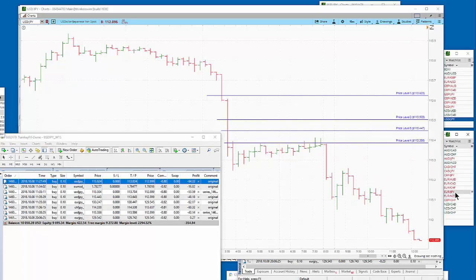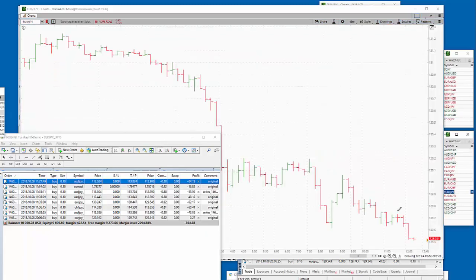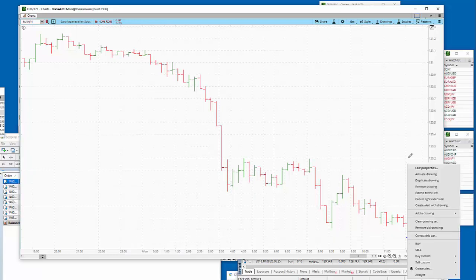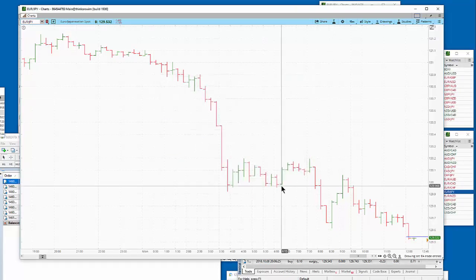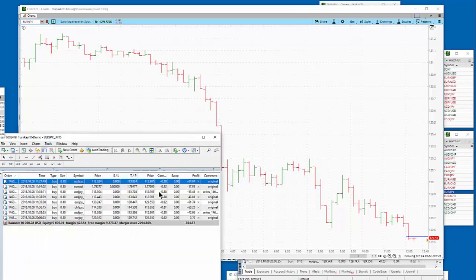So we go to Euro JPY, not GBP, and this trade opened at 129.54, which would have been in this bar right here, 542. We'll try to get it as close as we can. We'll set that line in at 542. So now we know that it's spot on the money. That's where this new trade entered.